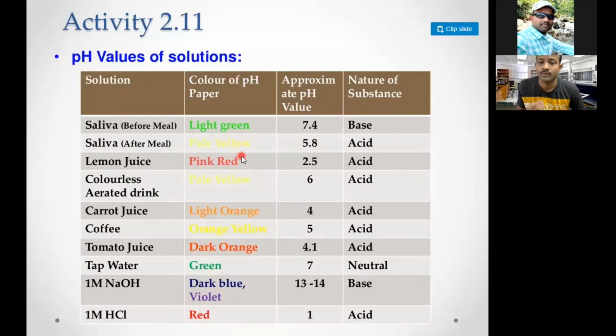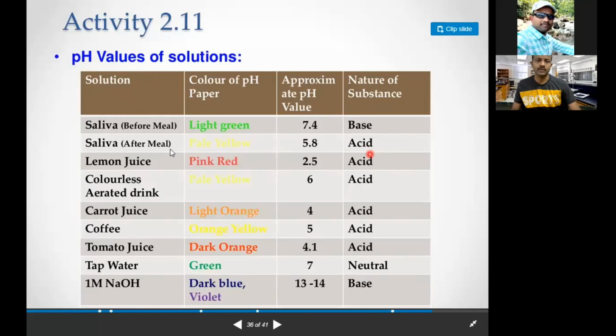After taking food, what will happen? The bacteria present in the mouth degrade the food and release some acids, right? Due to that, the saliva pH will come down to 5.8. Okay, acidic nature. After a meal, the saliva becomes acidic. Before a meal, it is in basic or neutral medium.